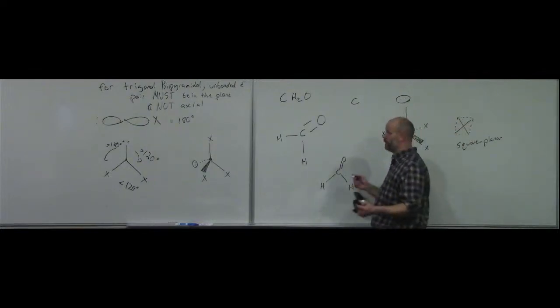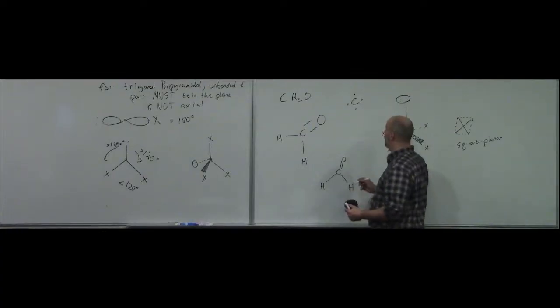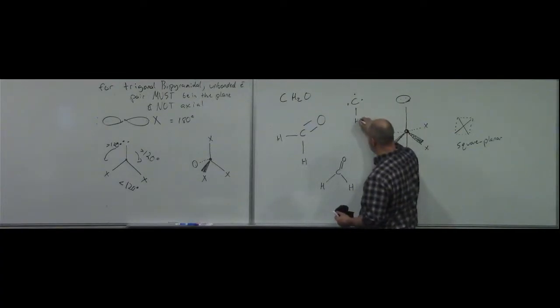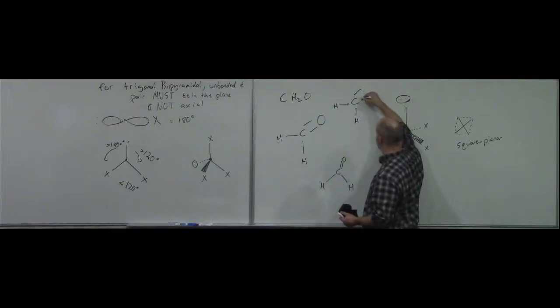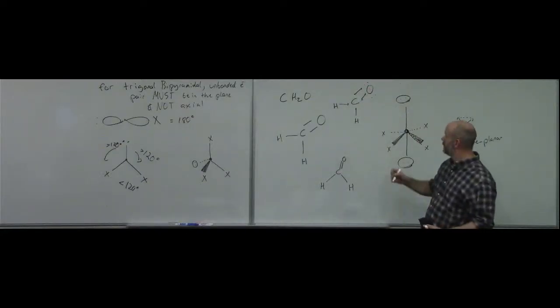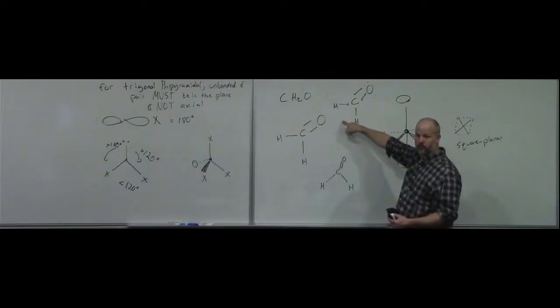So we put each of those, 1, 2, 3, and 4, right? 2 of these are going to be bonded to hydrogen, and then these other 2 are going to bond to an oxygen as a double bond. And of course, my oxygen has 1, 2, 3, 4, 5, 6. Okay. So that's my shape of this.